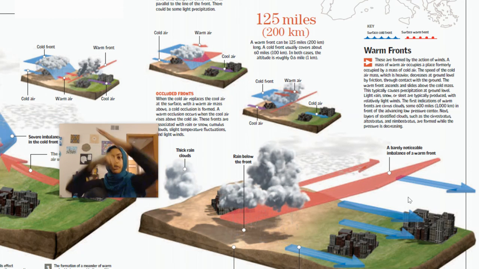So warm air will always go above it, and this can generally lead to some precipitation, but lighter precipitation than if it's a cold front. So that might be light snow, light rain, or light sleet as a result, and light winds. But if you have cold air coming in, that's when you have stronger winds.